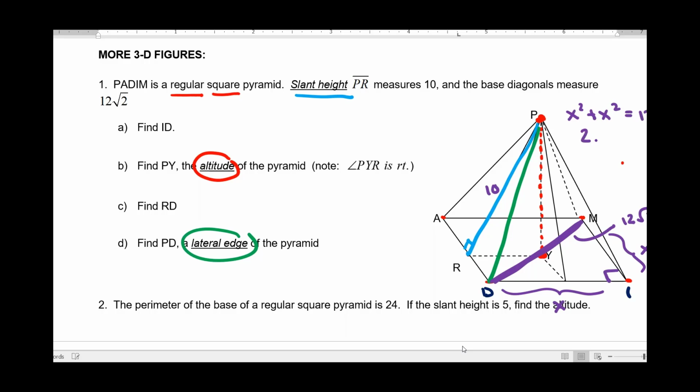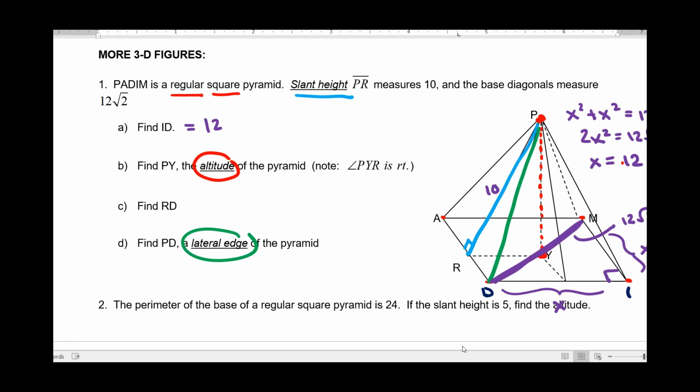So this would be 2x squared equals (12 root 2) squared, and if I solve this, I'm going to end up with x equal to 12. In the next section you'll see why I'm able to get that so quickly without actually doing any calculations really. Okay, so ID is equal to 12.